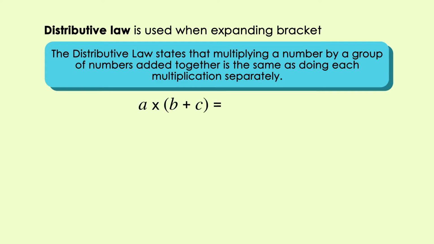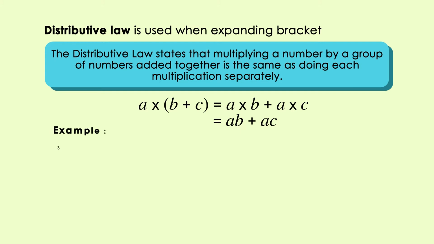In algebra, putting two things next to each other means to multiply. To do expansion, we need to multiply the factor a with b, and the next step is to multiply a with c. So, our answer is ab plus ac.